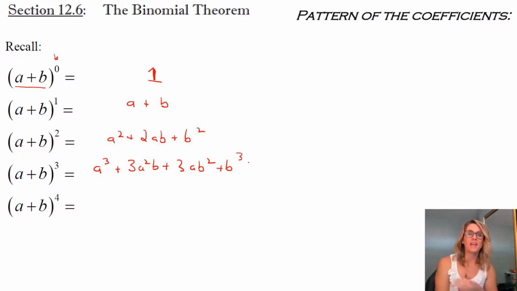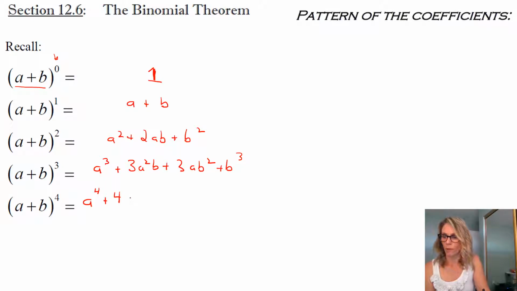Now if we take that and multiply it by another a plus b, you can probably see a small bit of the pattern here. We'll have a to the 4th, we'll also have b to the 4th at the end, and then 4a cubed b plus 6.